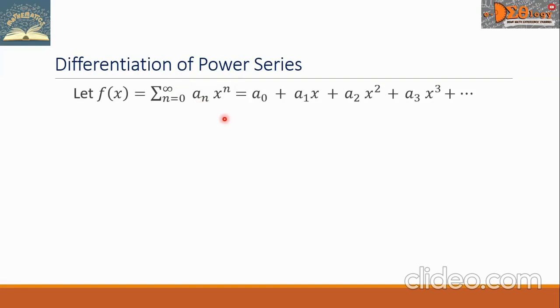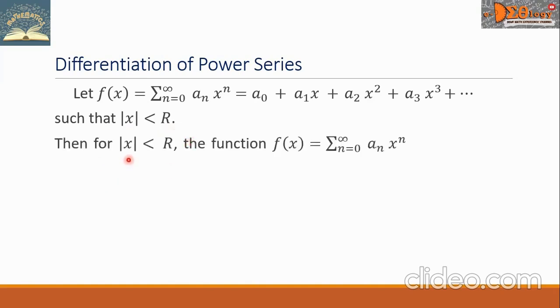We can expand this into a sub 0 plus a sub 1 times x plus a sub 2 times x squared plus a sub 3 times x cubed plus and so on, such that the absolute value of x is less than capital R. This is the interval of convergence.